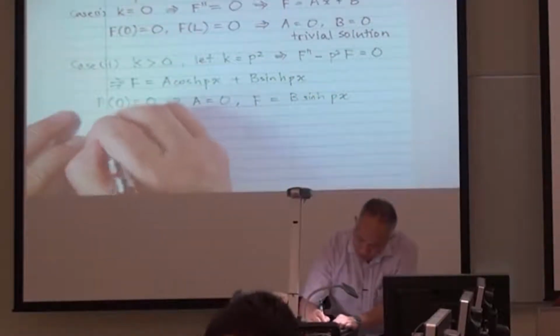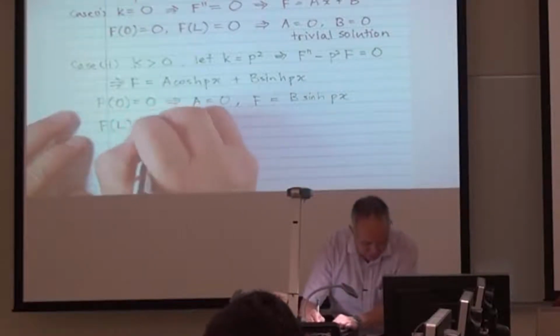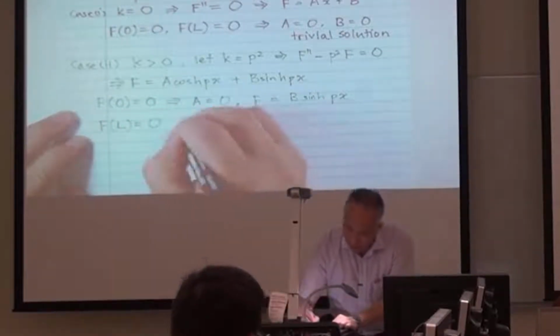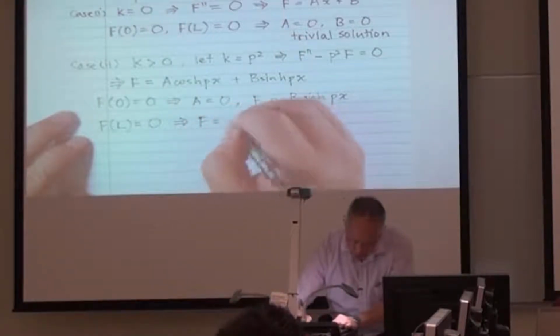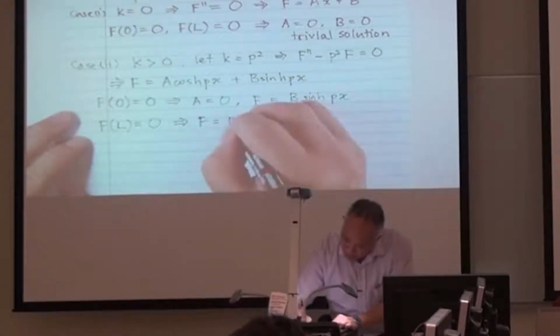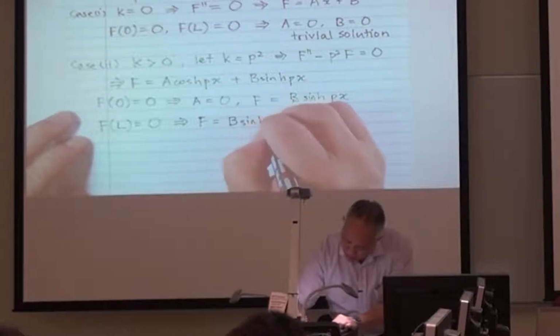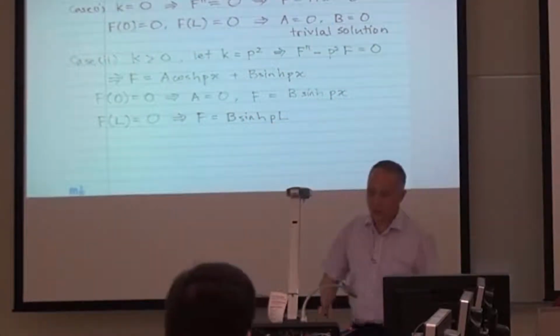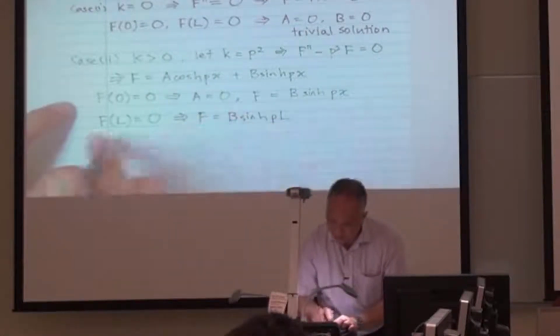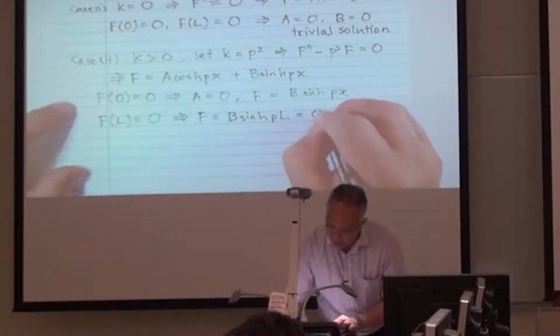Then we apply the other boundary condition, F at L equals 0, and what you get is some constant B sinh p times L, that's the left hand side, equals 0.